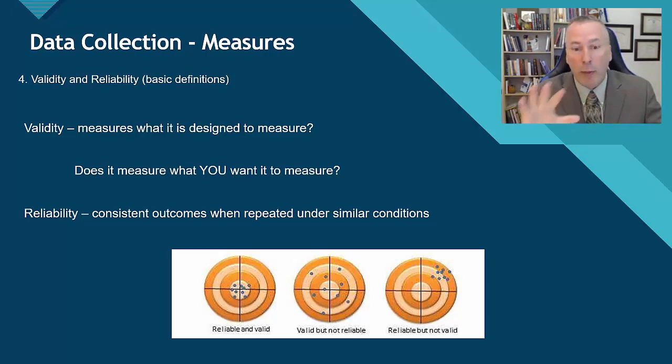If it's hitting all over the place, but still hitting the target, it may be valid, but it's not reliable. And then finally, it may be reliable. It is hitting in the same spot, but it's not valid. It's only in one area and not the entire thing that we are looking at. Okay, so again, I think that is just a very simple yet effective tool that you can use to better understand the basic definitions of reliability and validity. I believe you will remember them from now on using this little example.